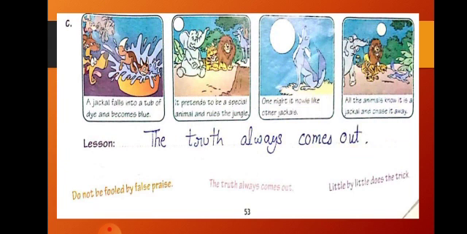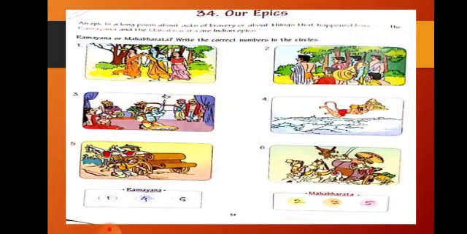So one night, while other jackals were howling, this painted, dyed jackal also started howling. And then all the animals came to know that it is a jackal, and they all chased the jackal away. And the lesson is, the truth always comes out.